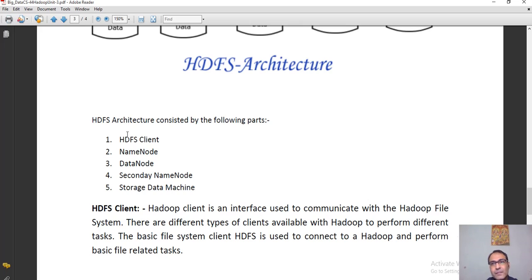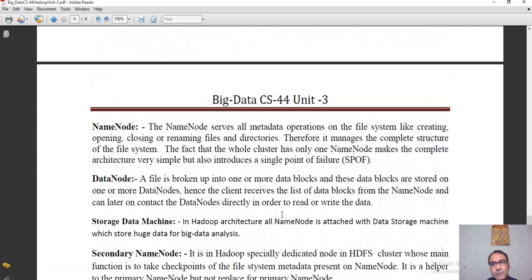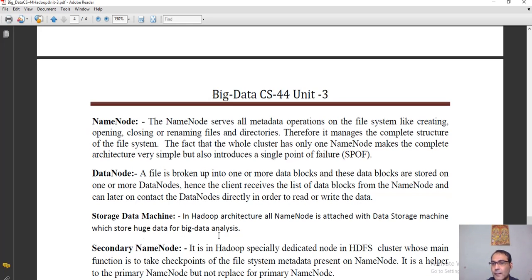You can also view these things in the HDFS client, for communication, interface, communication with the Hadoop file system, name node and data nodes. It plays a very important role in metadata operations, and the data node breaks up one or more data blocks into many data blocks. It is the data storage machine. All name nodes are attached, and it consists of huge data for big data analysis.